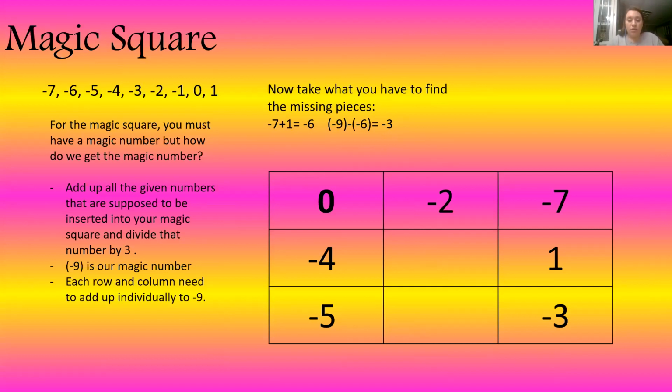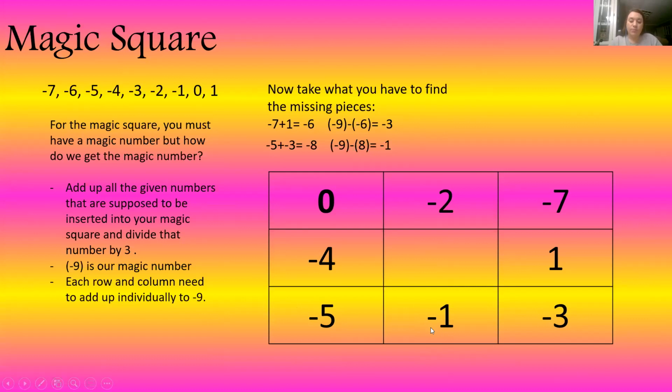Now we have our -5 here, and now we have a -3. So -5 plus -3 equals -8. To find the missing number, you take your -9 and subtract 8, which gives you -1. So our -1 can go right here.